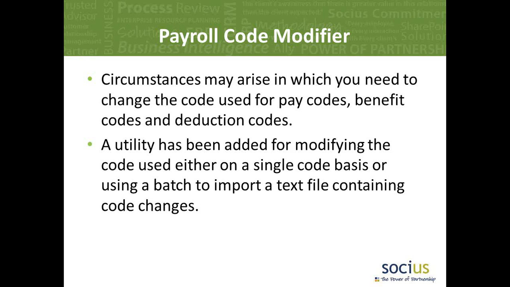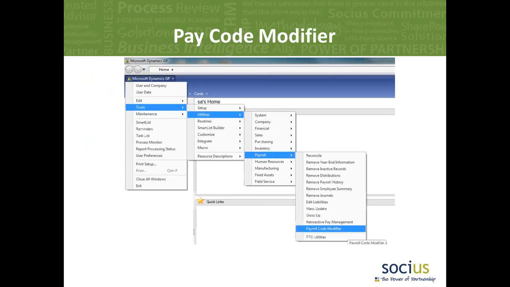This also can be used for imports where you had a legacy system and now you're going to change the naming conventions for your pay codes, benefits, or deductions. This can be done as a single code, or you can do it through a batch transaction and change multiple codes.